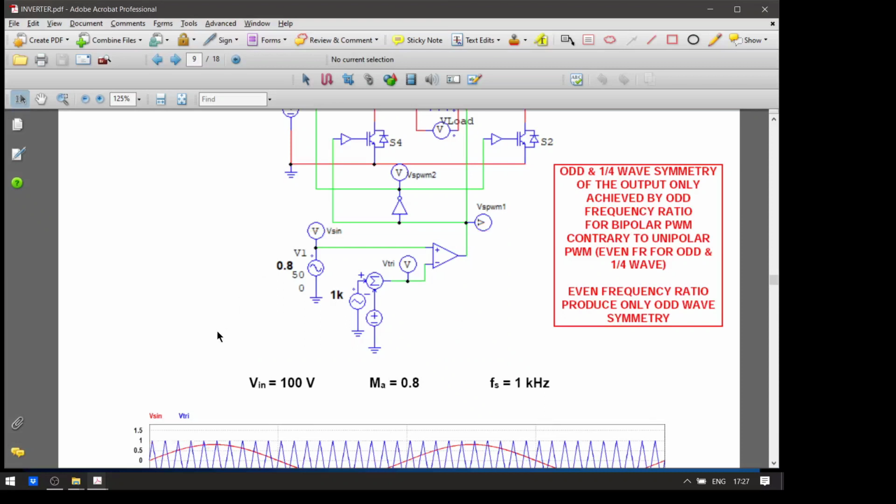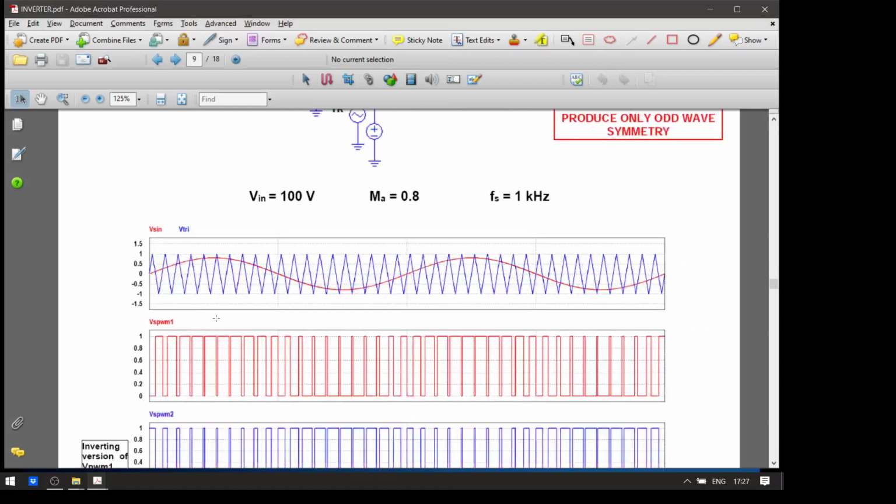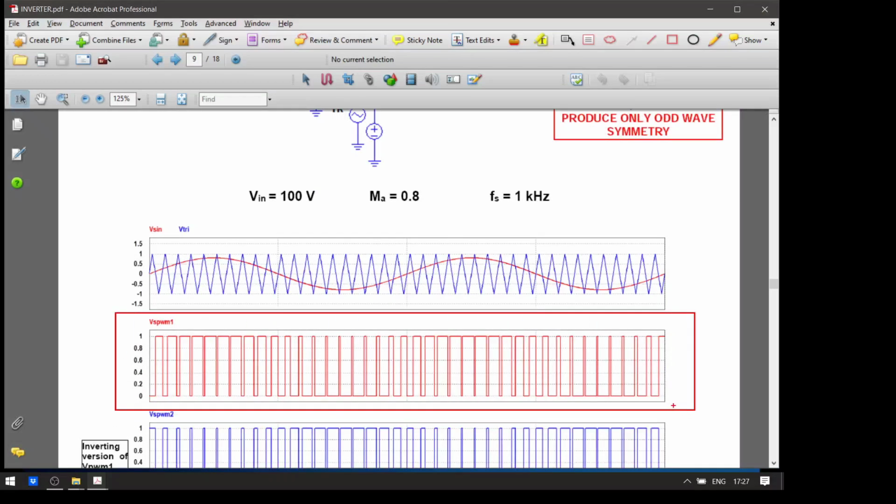So today, now we're going to look into how these pulses can be obtained. All these pulses can be obtained by using a microprocessor, in which, depending on the frequency of the carrier signals and depending on the modulation index, the angles for each pulse are varied.